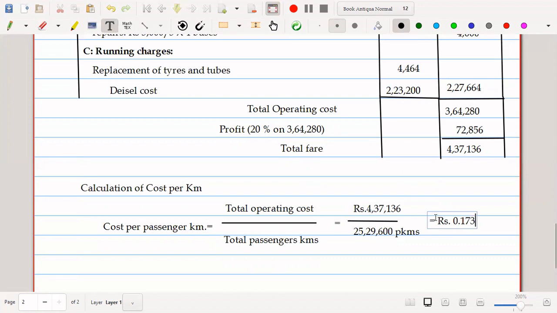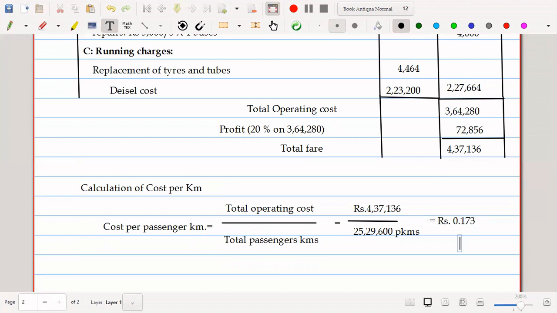Here also you can take this total operating cost, that is 3,64,280, and whatever amount comes, you have to take 20% profit on it, and you can add and arrive here. You can do the per unit also, but here in this problem I'm doing it directly. That is, I've taken the total fare here, so the profit 20% is included in this amount. You can directly calculate in this way also.